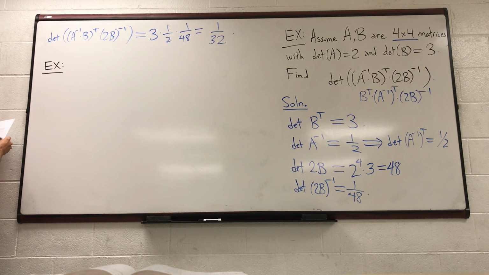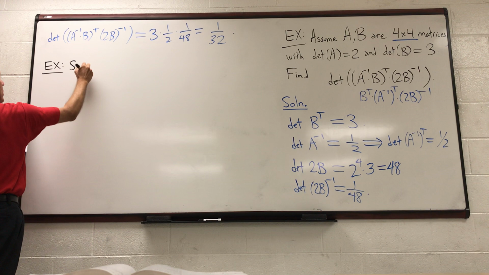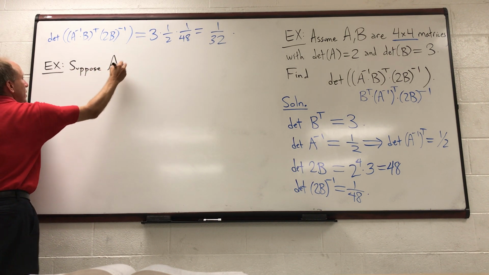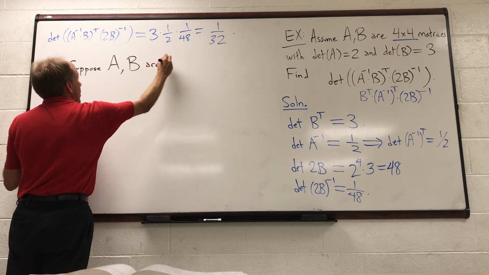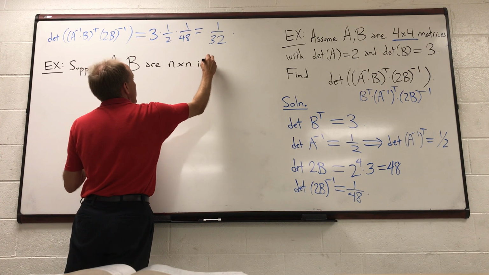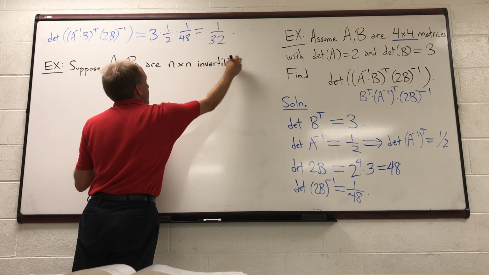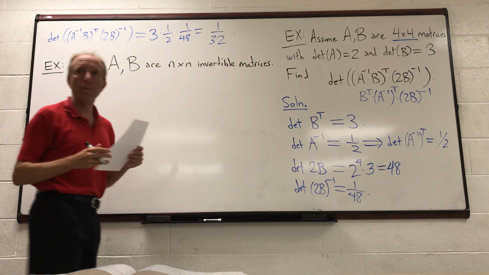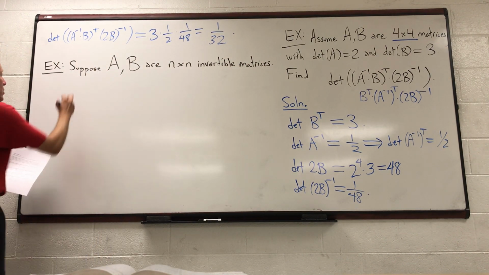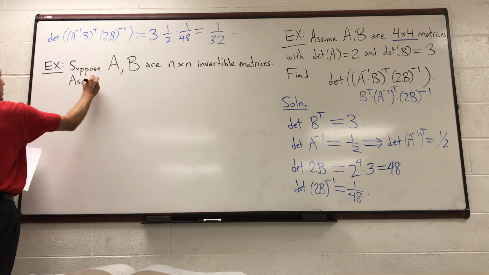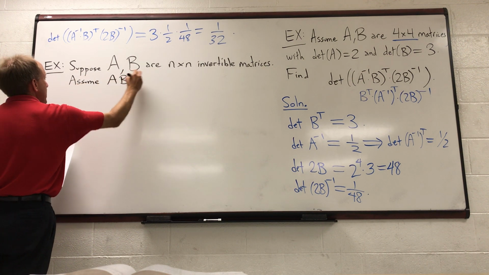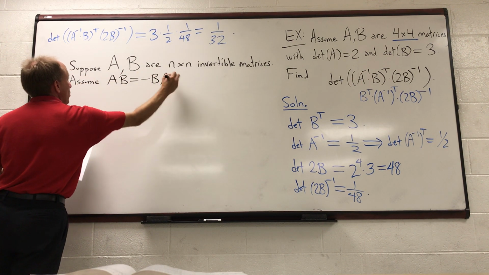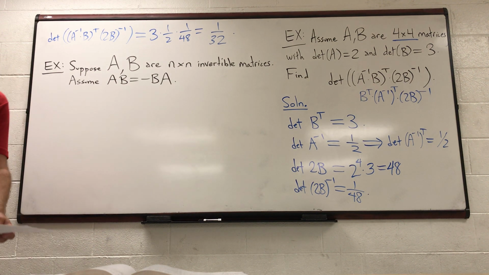Let's do this one. Suppose A and B are n by n invertible matrices. And assume that AB is equal to negative BA.